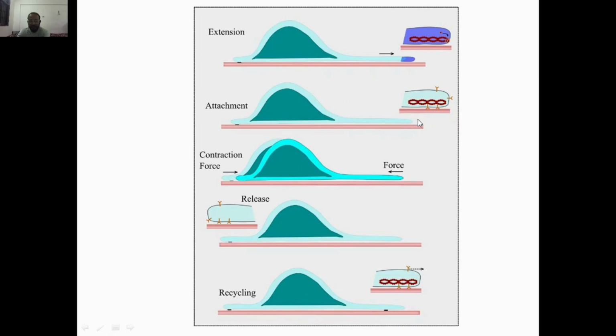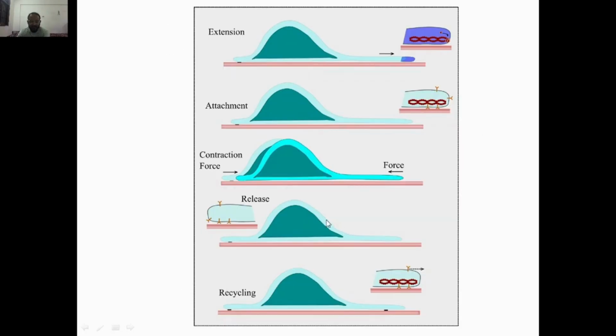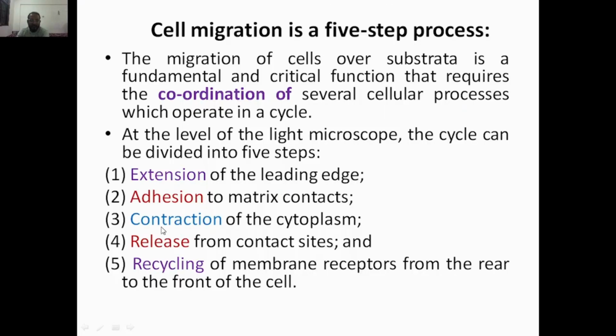Next, cytoplasm contraction will be there. Once there is contraction, it moves like this, and the whole cell contracts like this, right? So it will help to move forward. That becomes the third step.